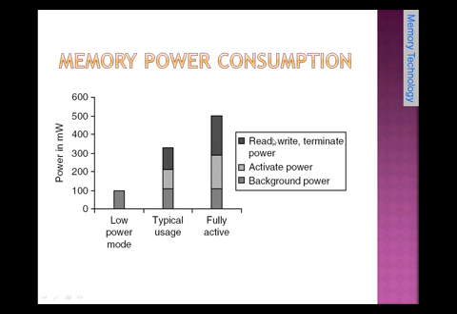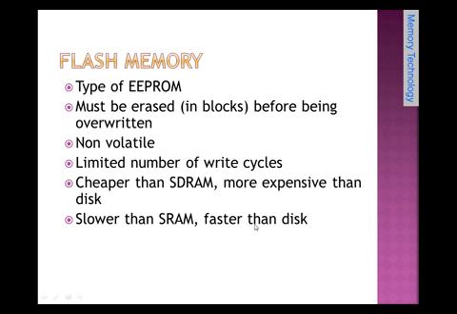The dark shade is used for read, write and terminate power, the light shade for activate power, and this is the background power. In the low power mode there is only the background part, that is typical storage. The typical usage contains 3 parts, and the fully active mode also contains 3 parts.